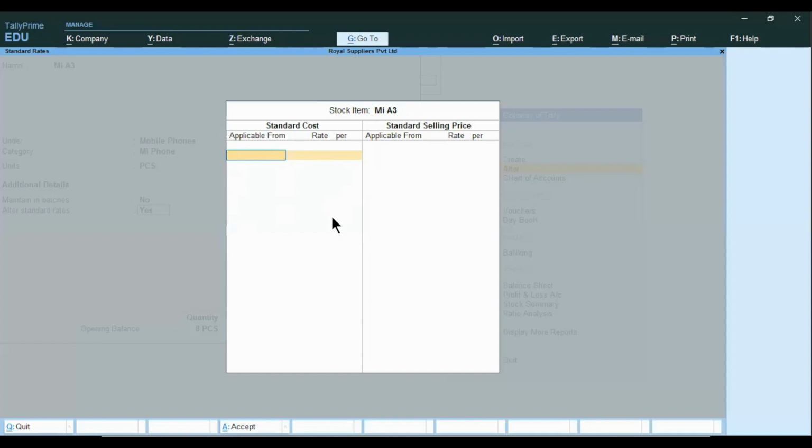Even though we can have the standard cost listing, we are more interested in creating the standard selling price for MIA3. So in this section we enter the selling price details. Just leave the standard cost empty and press enter to move to the next column.